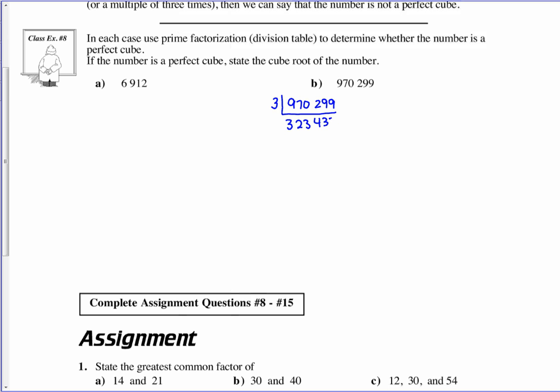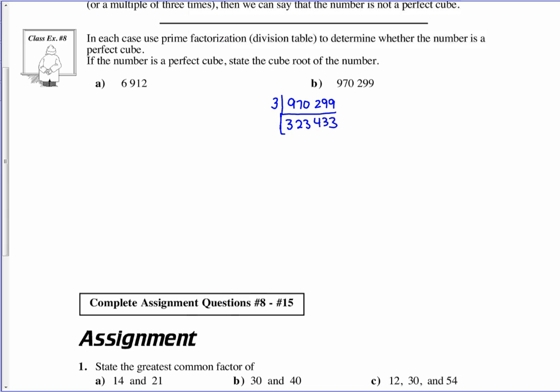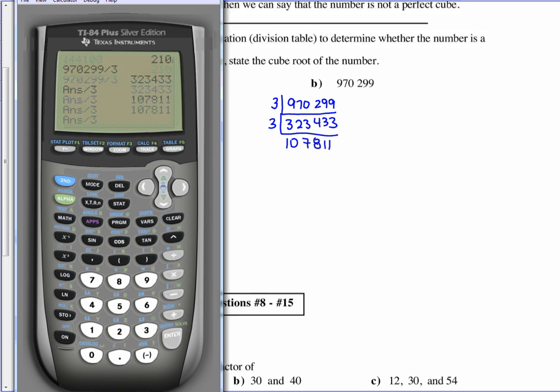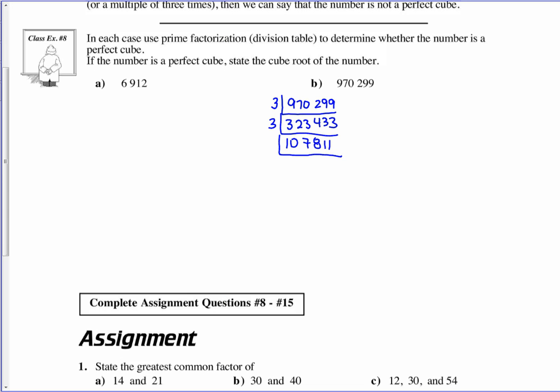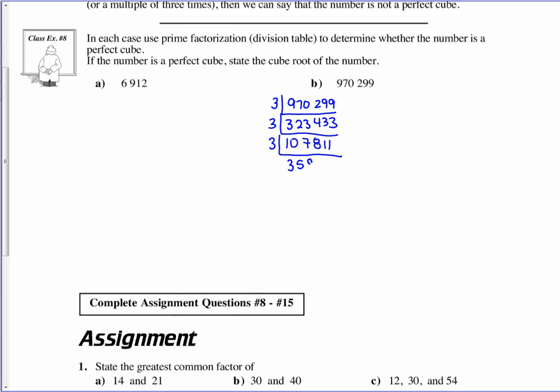433. Does 3 go in again? So divide by 3. Yes. I'm not adding my digits together because I'm lazy. I'm just going to guess and check. Okay, I'm going to check one more time. Does 3 go in again? Yay! 3, 5, 9, 3, 7.